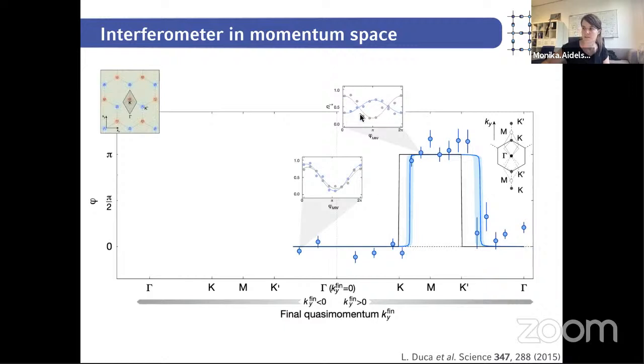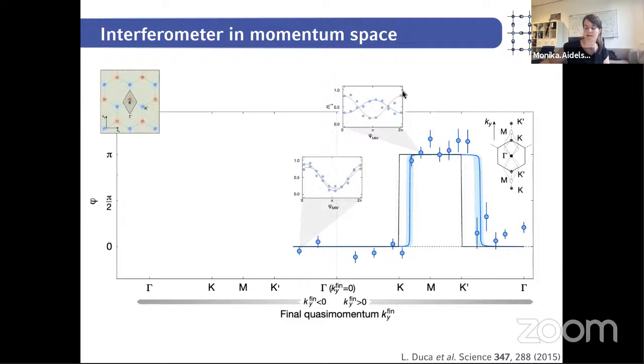These insets that you see here are the Ramsey sequences used to extract the geometric phase. There are two curves, and you always see the spin down population measured. The black one is a reference sequence, because there can always be systematic phase shifts that appear in your experiment, which may not be cancelled.